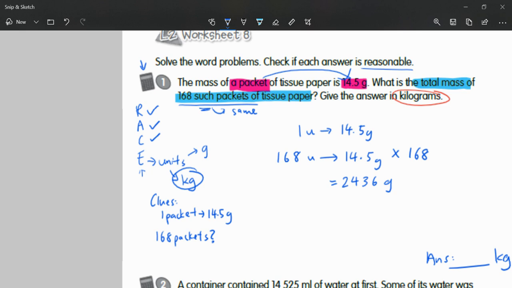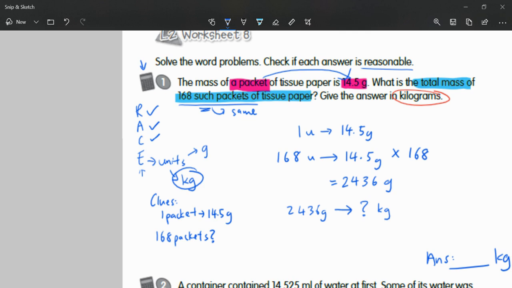Now the next part is also why they don't specify the use of calculator, because at this stage, the last bit here is looking at whether you are able to do conversions of measurements. So you have 2,436 grams. It's asking you to convert it into kilograms. This is the final most important step.